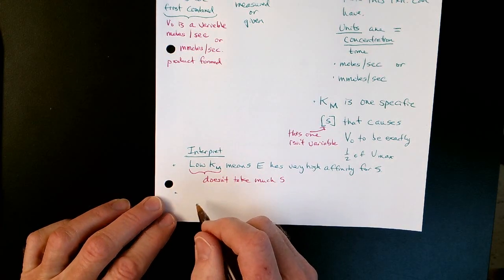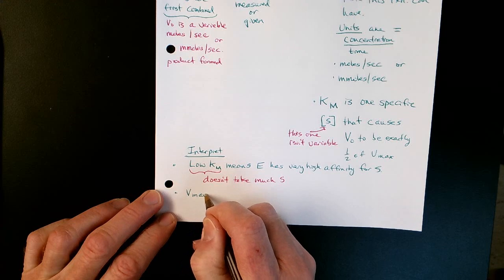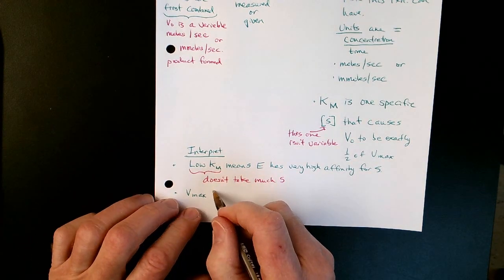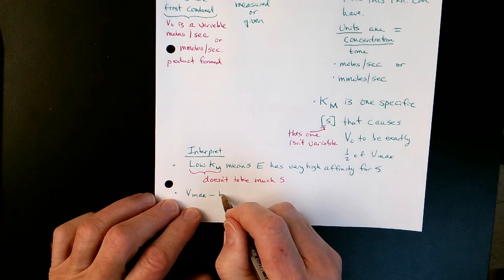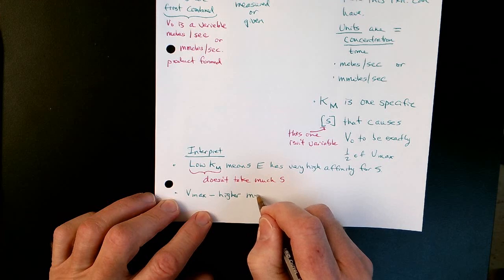Another thing to interpret would be Vmax. Let's put maybe one interpretation statement on that. If Vmax is higher, here's what it means.